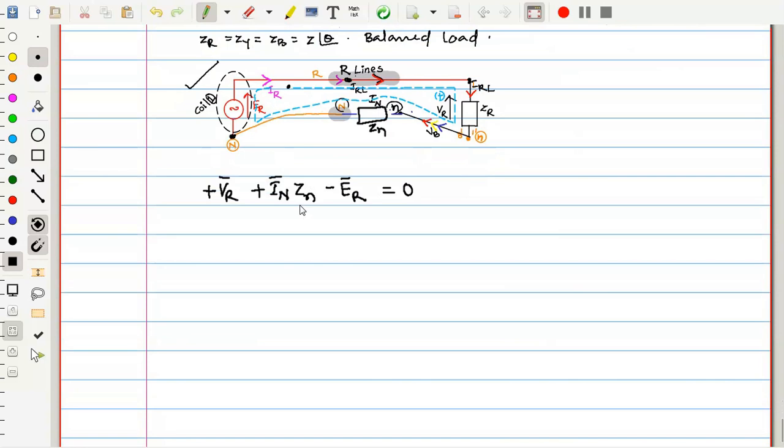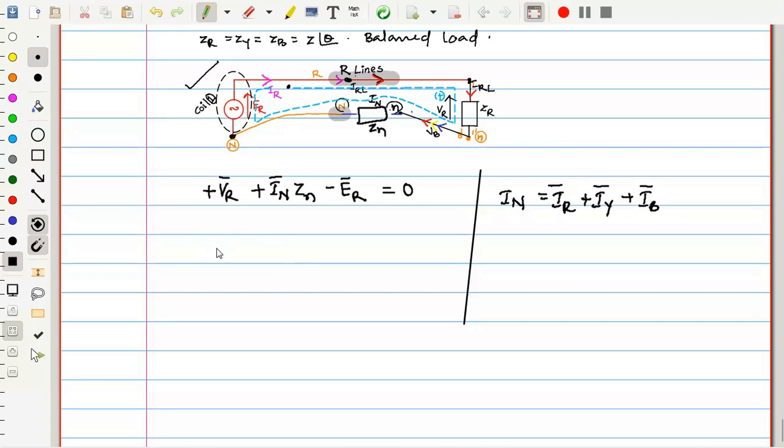Then you write that IN is equal to IR plus IY plus IB. So you have 4 equations and 4 unknowns. Now you can solve for the required things.